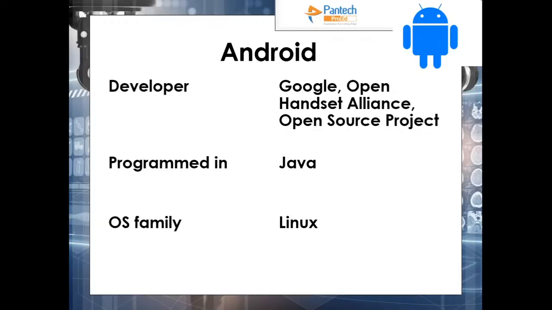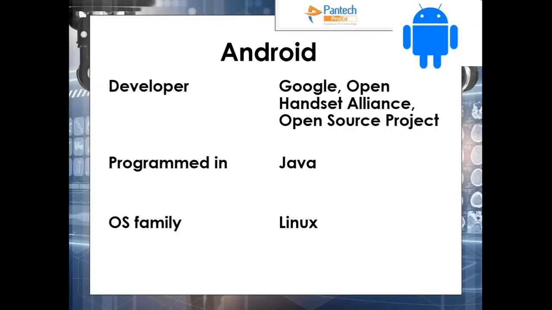So what is an OS family? What does Linux mean? For example, I have one family; everyone has some family, and based on that family we develop. It's the same thing. Each and every OS needs some basic foundation.